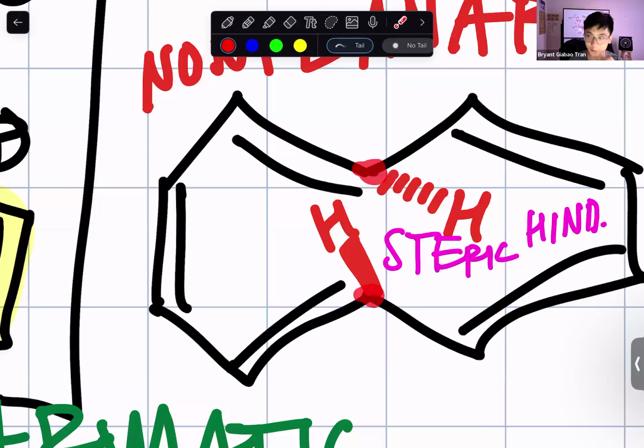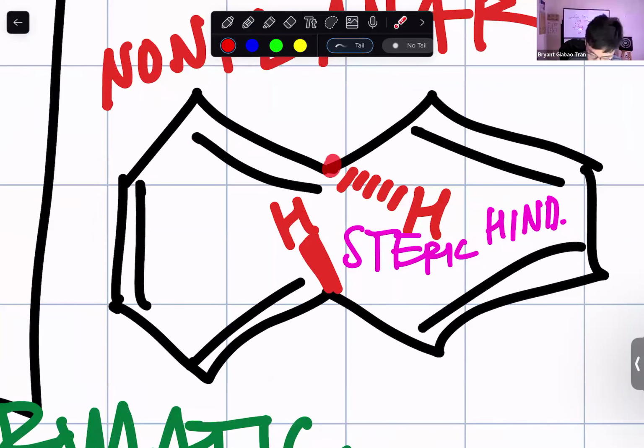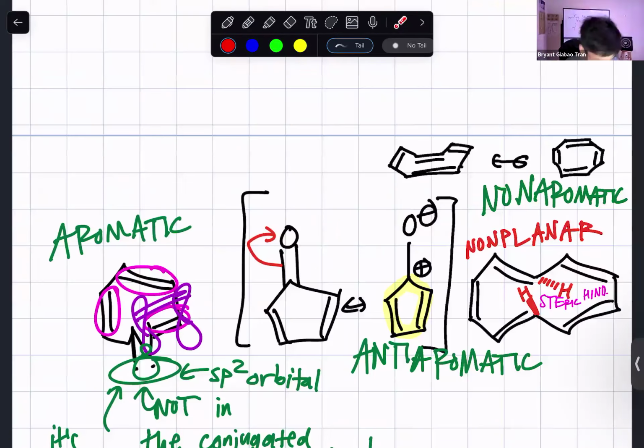There are a very few rare examples where some sp2 atoms are forced to pucker, because of the surrounding environment. Like these sp2 here are not flat and planar. One of the hydrogens is going up, one of the hydrogens is going down, with steric hindrance.